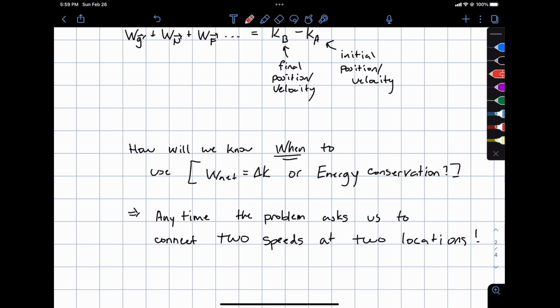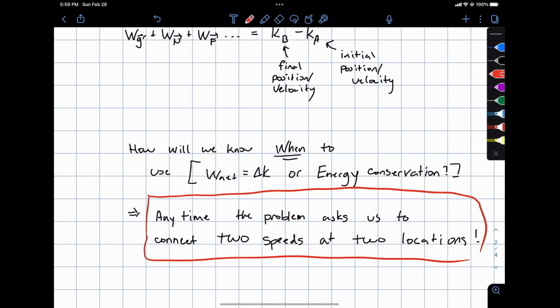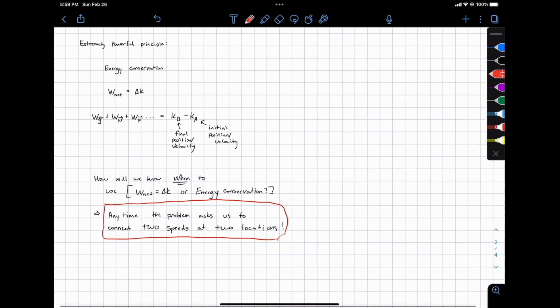Should probably box this in red, right? So the time we know when to use this energy conservation, work net equals change in K, is when a problem asks us to connect two speeds at two locations.